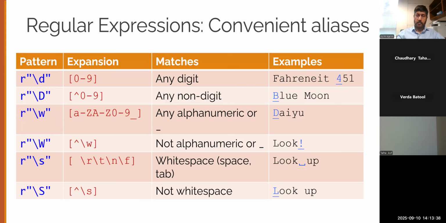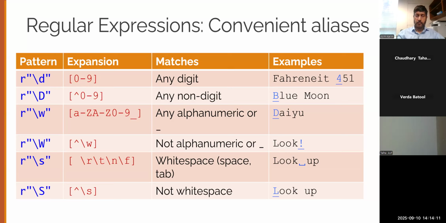So backslash s would match a white space. And a white space is a space as we know it in English, but white space can also be a carriage return. It could also be a new line character. It could even be a line feed. Of course, if you want to just find a carriage return, then that's backslash r. So backslash t is a tab character.